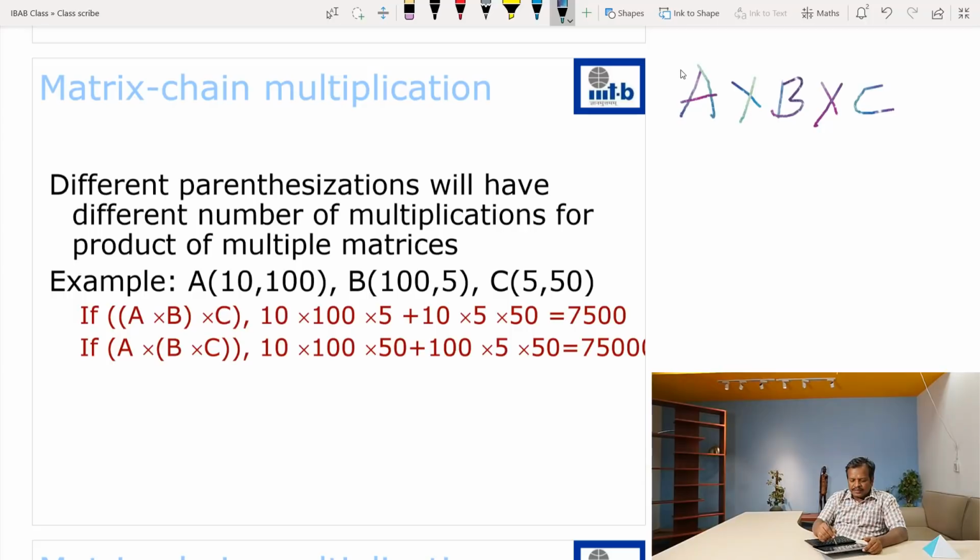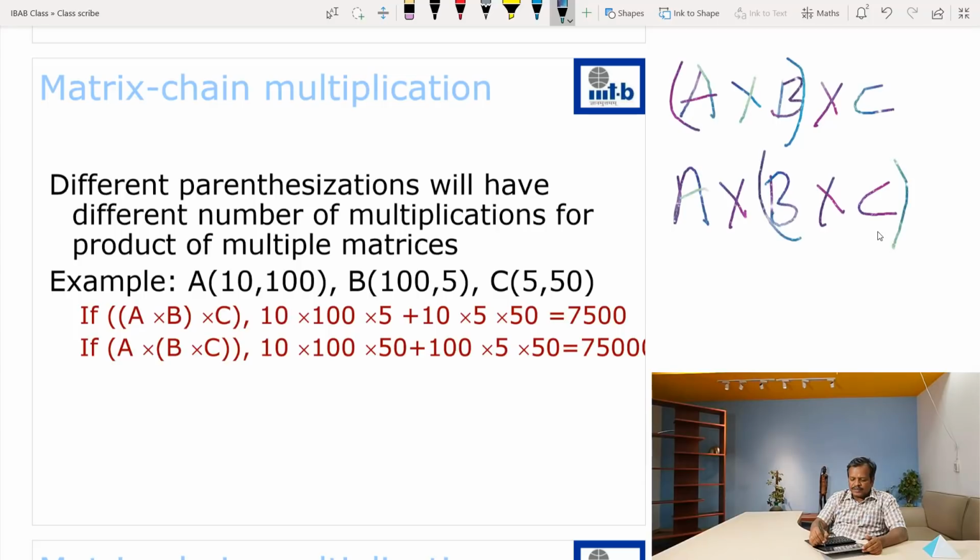So you can either first multiply A with B and then multiply to the right by C. The other way could be that you multiply B and C first, and then to the left of it you multiply by A. Since matrix multiplication satisfies the associative property, the order in which you multiply these matrices doesn't matter; you will always get the same answer. The resultant matrix will be the same, right?